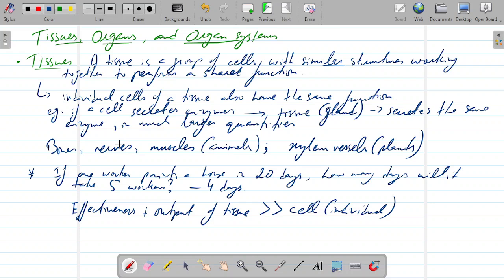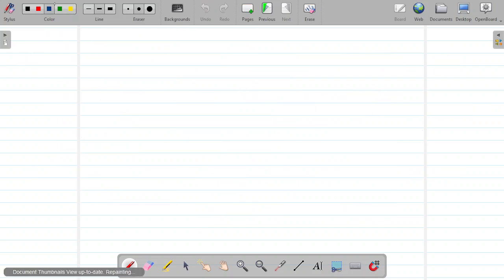Yeah. Now, the book mentions certain tissues. They talk about the epithelial tissue. So I'll just briefly mention them over here.